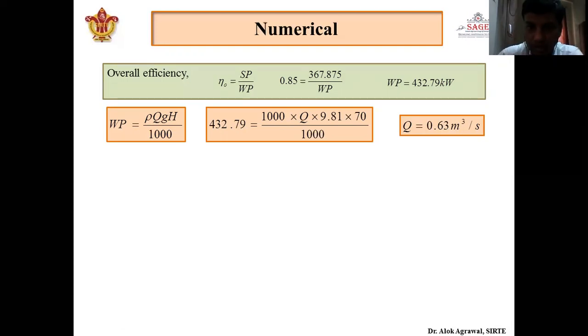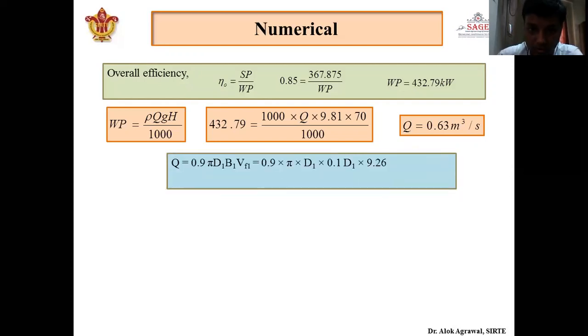Now with the help of this, Q is 0.9 times pi d1 b1, as 10% of the area is blocked by the thickness of the blade, so we have to take the area as 0.9 times that, into velocity of flow. Velocity of flow we have just calculated with the help of the flow ratio.